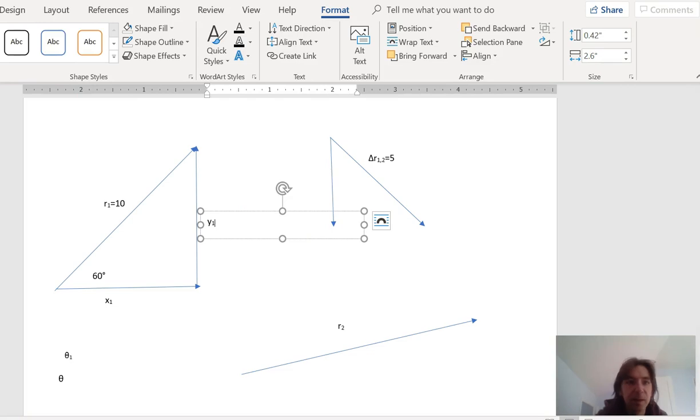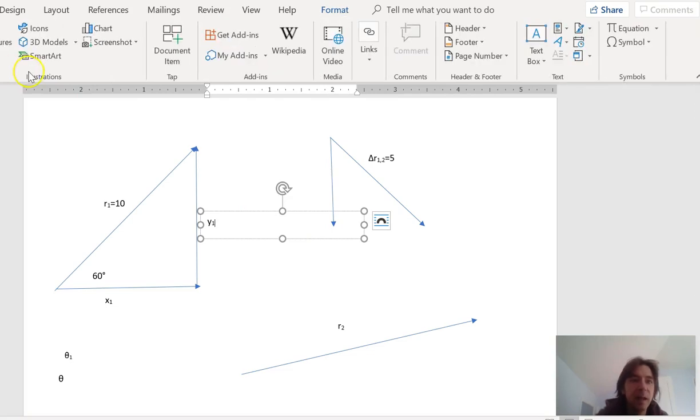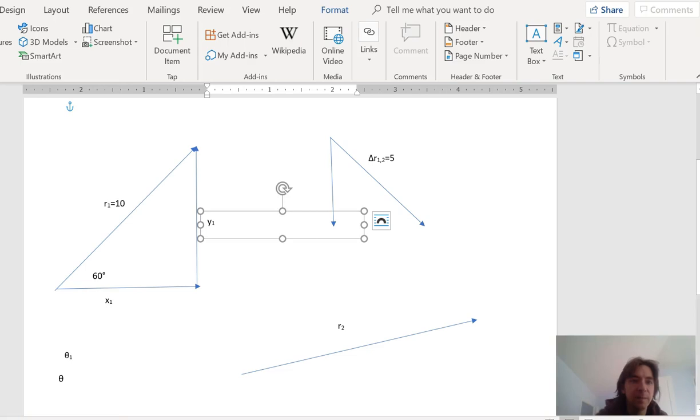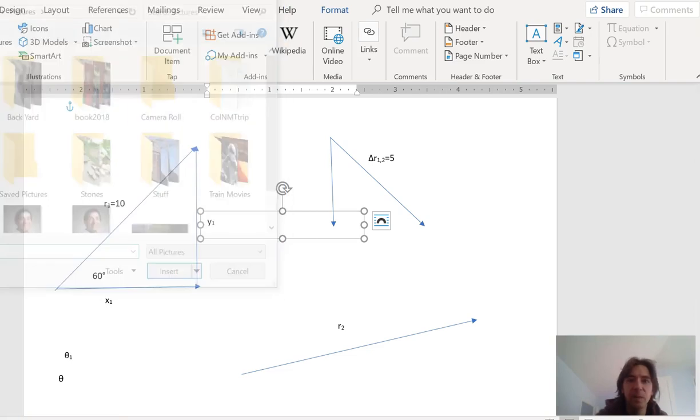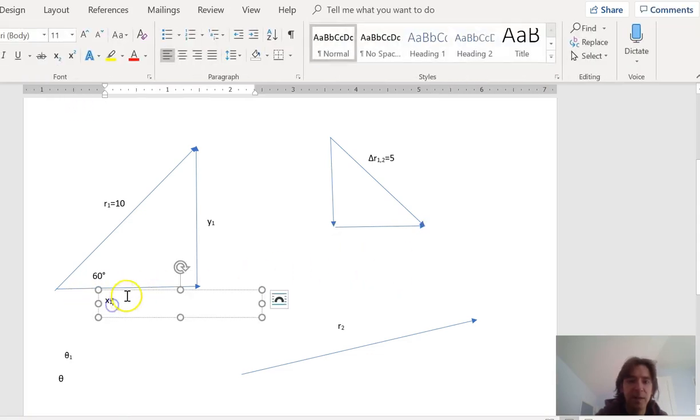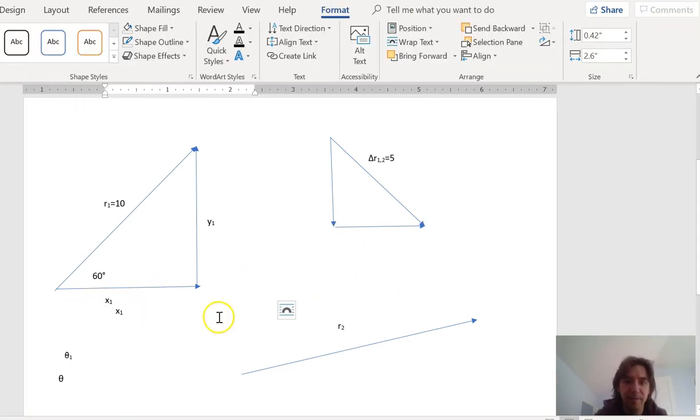That's fine. And then we go over to the right from there. So we have our two components now of this vector.